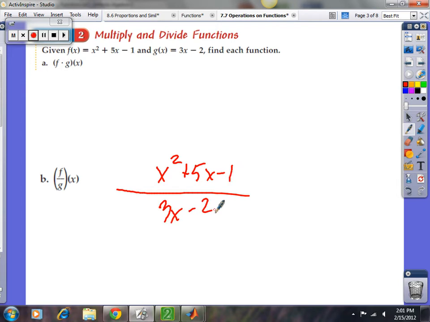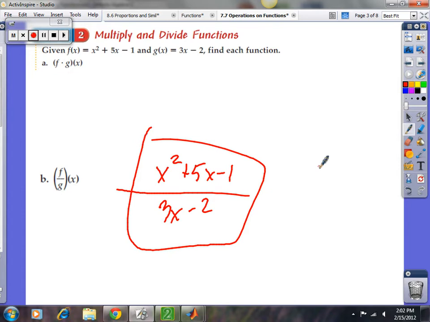Can you simplify it at all? Factor an x out. That has x's, but that doesn't. You're done, that's it. If you could factor, then you would, but you can't factor this.